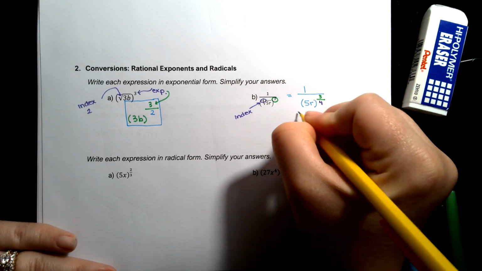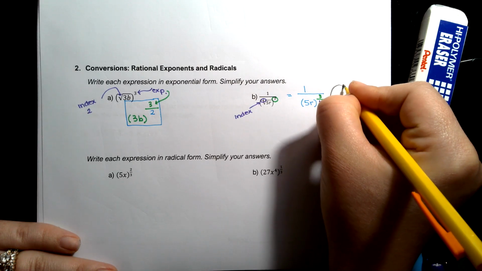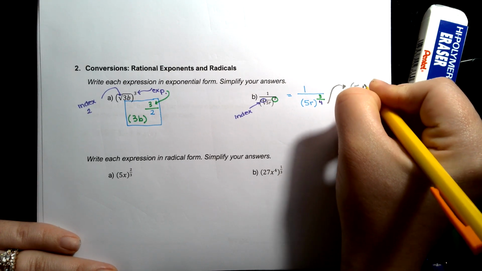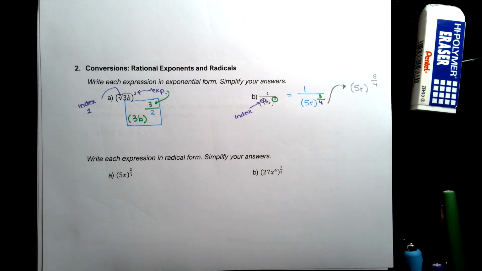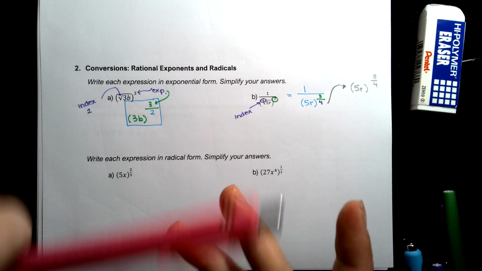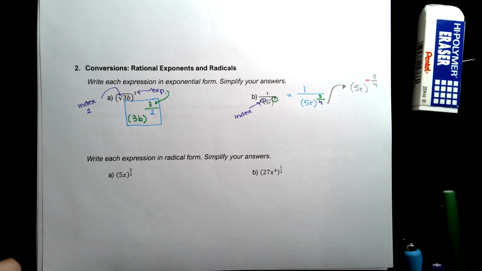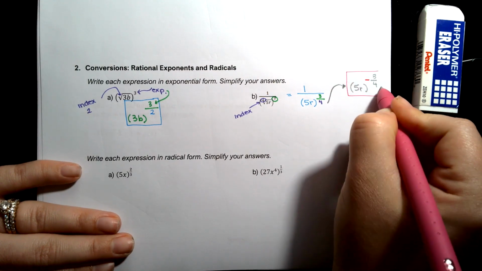Now that we have converted this into the denominator, we're going to bring it up from the denominator into the numerator by making the exponent negative. Okay, so negative just tells you directions. To flip the base, so if it's in the denominator, make it into the numerator. If it's the numerator, make it into denominator.